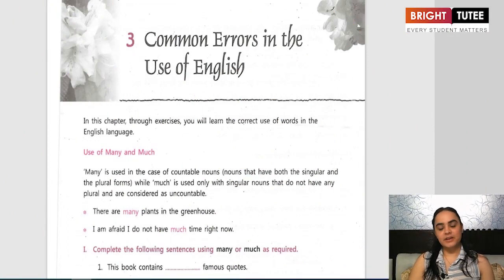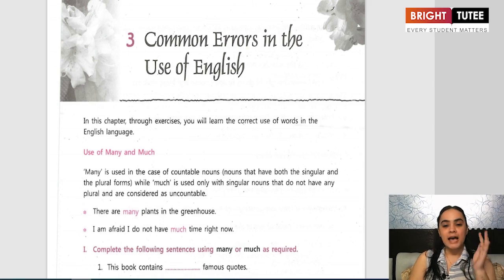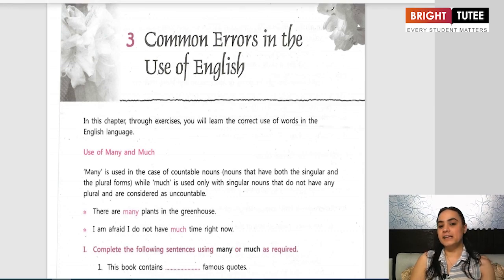In this class, we are going to begin with chapter 3 of class 12 Alternative English, Nagaland Board. This chapter 3 is from the grammar portion, and the third chapter of your grammar is common errors in the usage of English.